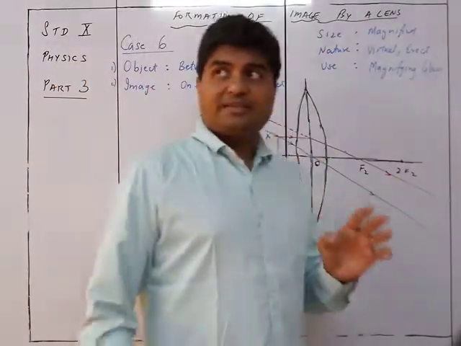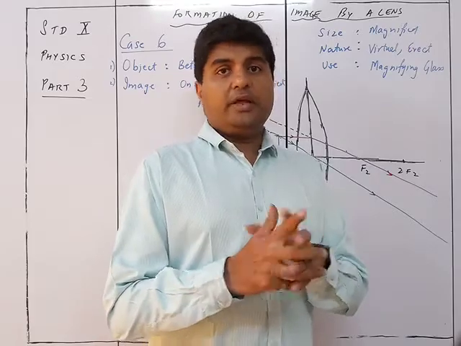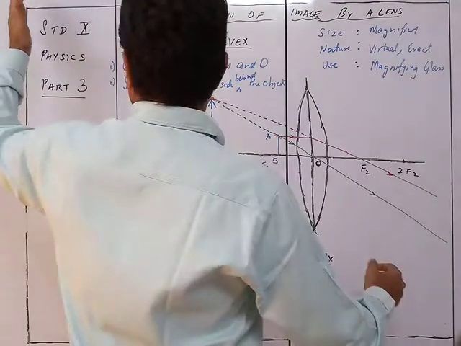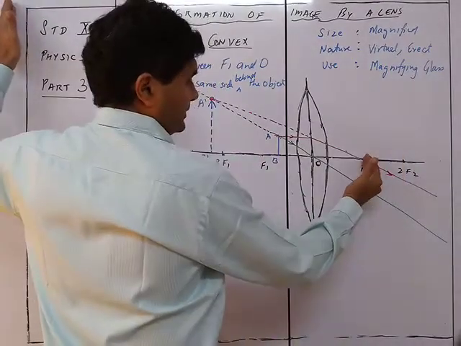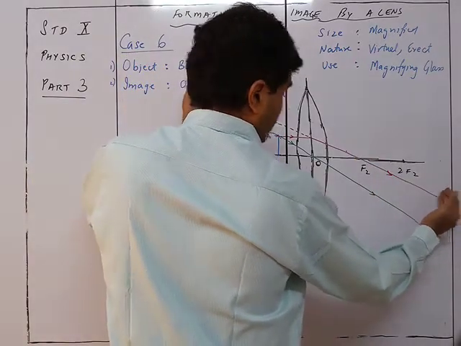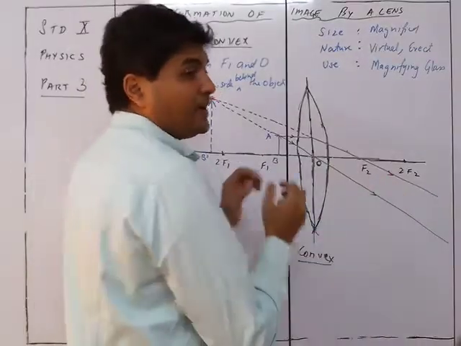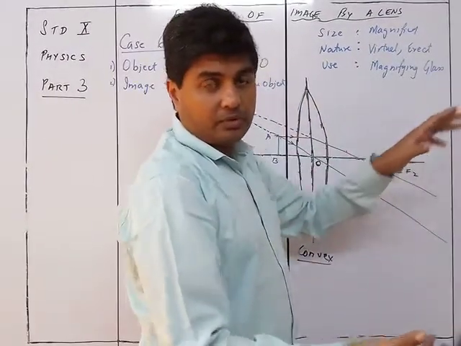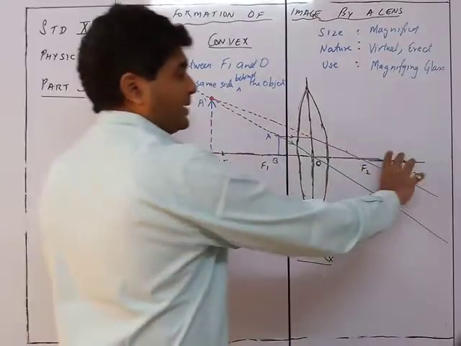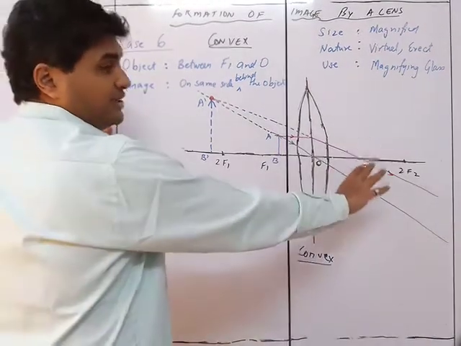If you understand all this in a proper manner, you can see how the image came. When the object was very far, the image was close. As the object kept coming closer, the image kept going farther and became bigger, till the point it reaches f2 where it becomes same size. Initially object is bigger, image is smaller.